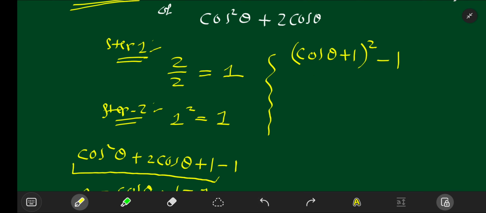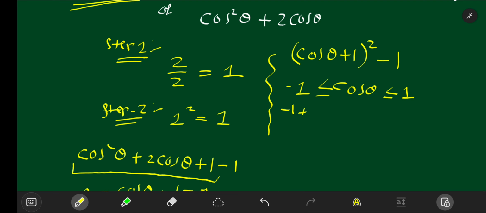Now let's write cos theta first of all. Cos theta, we know its range. What is its range? Minus 1 to plus 1. In the question, for the cos theta, an addition of 1 is there. So add 1 with this cos theta.